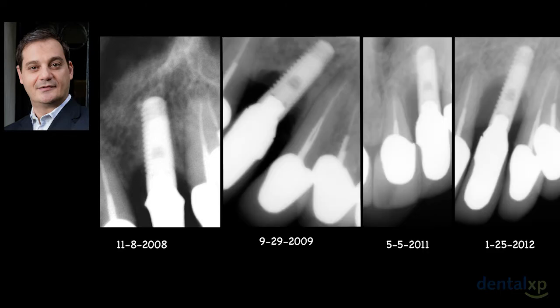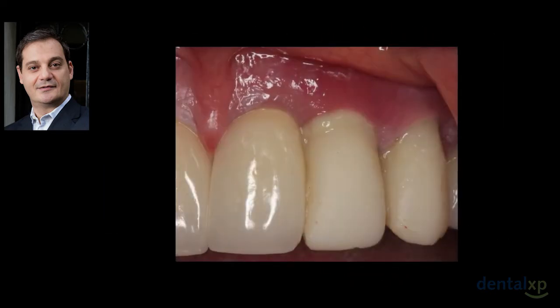Later on, that bone loss was left alone, and it progressed further and further. So by the time they referred me that case, you can see the abundance of purulence and edematous, inflamed tissue around that implant.